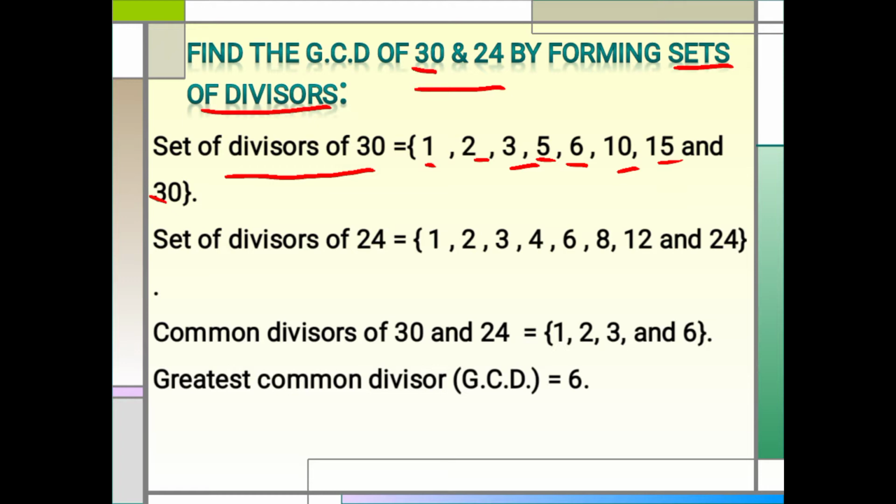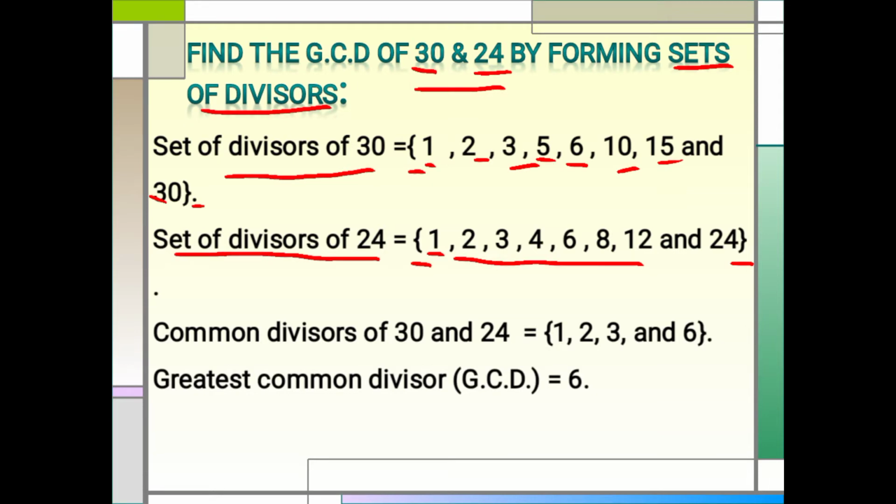The next is your number 24, and 24 can be divided by 1, 2, 3, 4, 6, 8, 12 and 24. This means these are the numbers that can divide your given number 24. Okay students, as you can see here, I have placed small curly brackets.